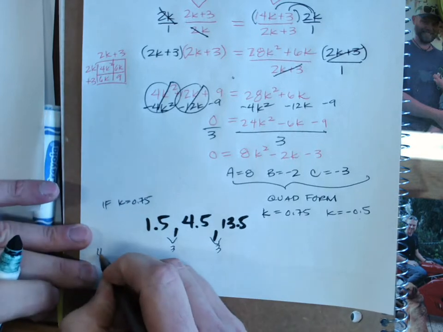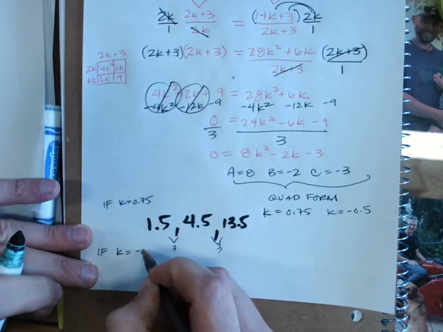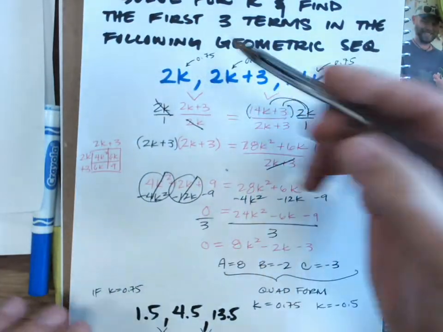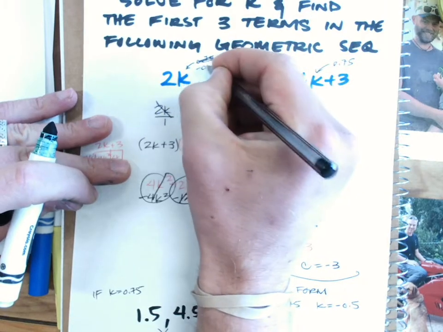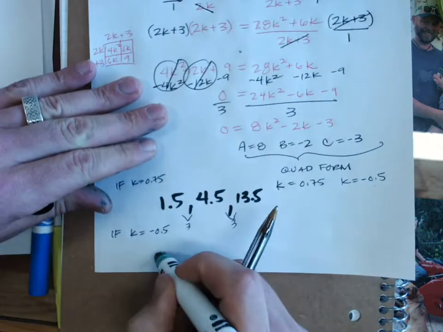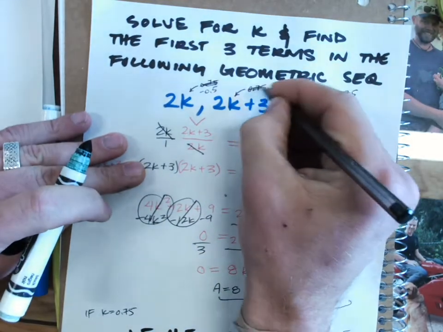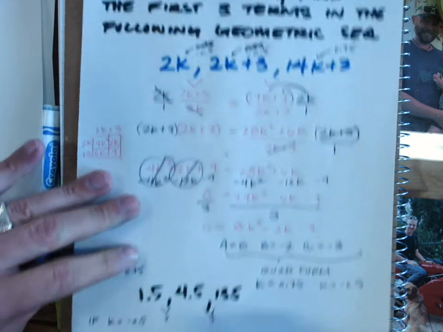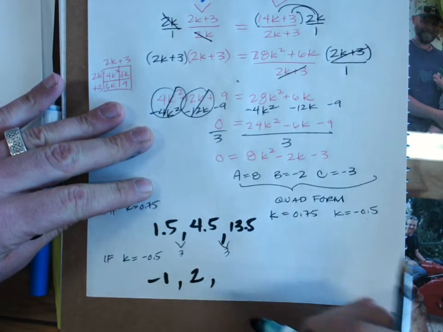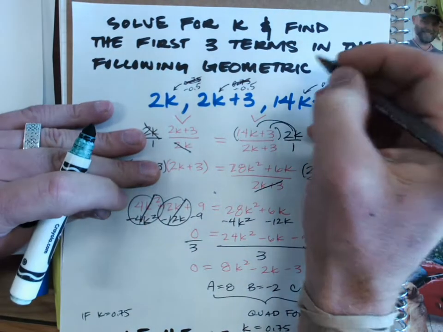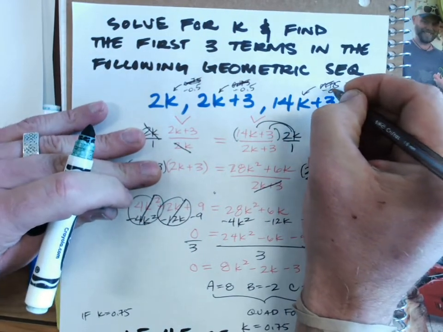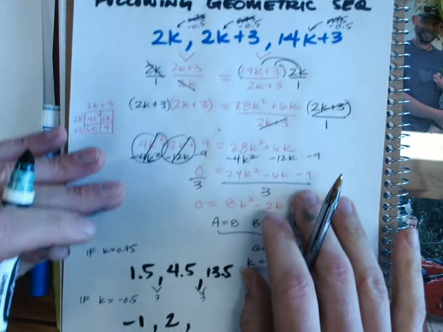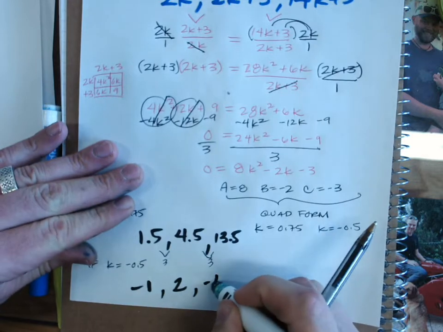Let's just double check. What if we put in k is -0.5? And what sequence would that produce? So if this is instead -0.5, that would be -1, -0.5, 2, and then half of that's -7 plus 3, -4.